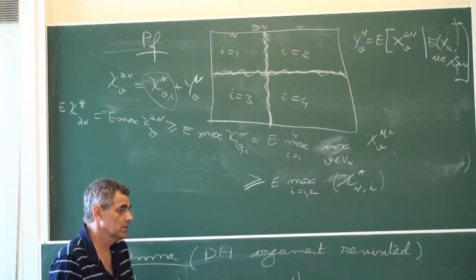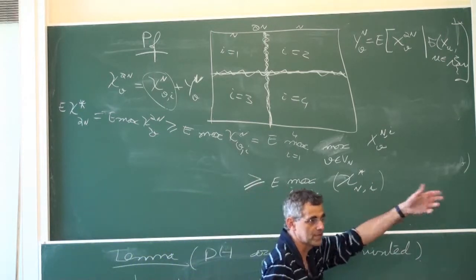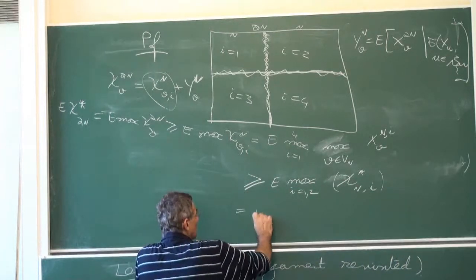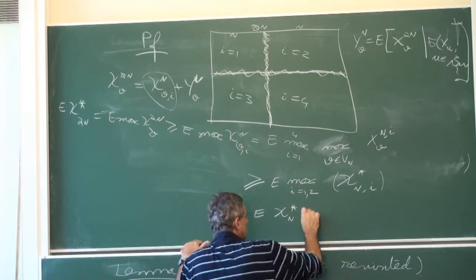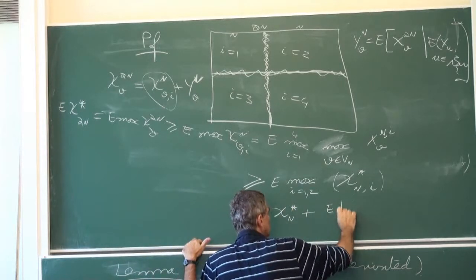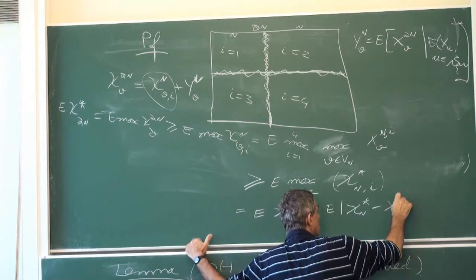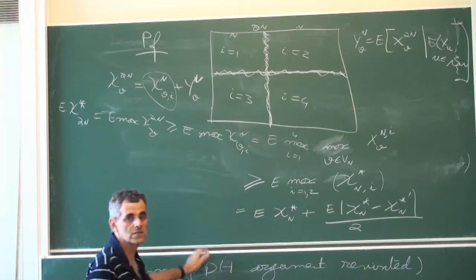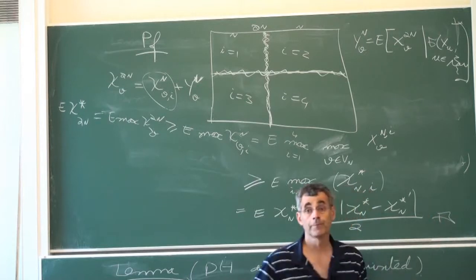And now we apply the Dekking-Host trick. So the maximum of A and B is equal to A plus B plus the absolute value of the difference, divided by 2. So this is equal to the expectation of X_n^* plus the expectation of |X_n^* minus X_n^{*'}| divided by 2. And this gives me the inequality. Okay?